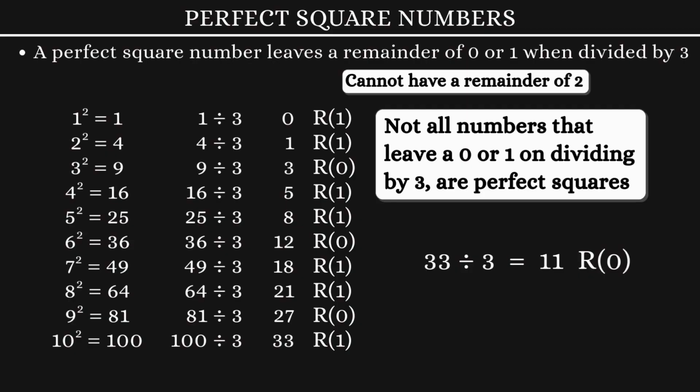But still, 33 is not a perfect square number. Similarly, 46 when divided by 3 leaves a remainder of 1. But still, 46 also is not a perfect square number.